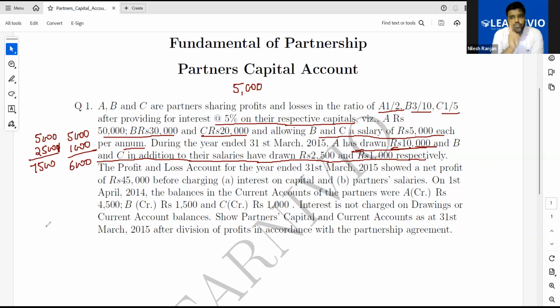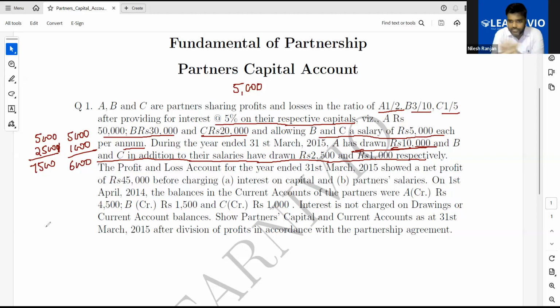Now, can you give me two more indicators if this current account balance is not given in the question? So what will be the two indicators that we will follow fixed capital method? Okay, so one is if it is clearly written in the question that you have to follow fixed capital method. That is one indicator. The second, if current account balance is given.